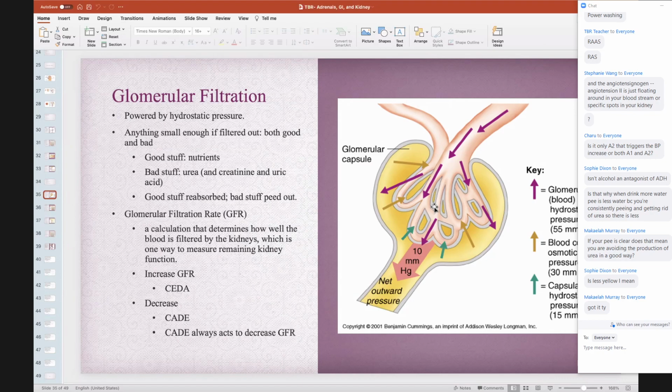What do I mean by damaged enough? So these holes are of a certain size in this glomerulus. Let's say over time, you have fit these different substances, whether good or bad, that are just a little bit too big for these holes. Maybe a protein that's just a little bit too big.